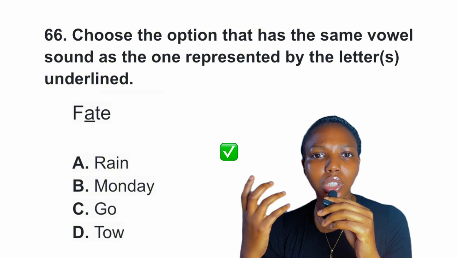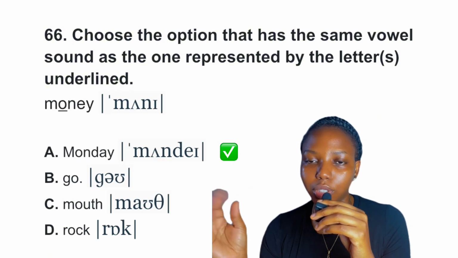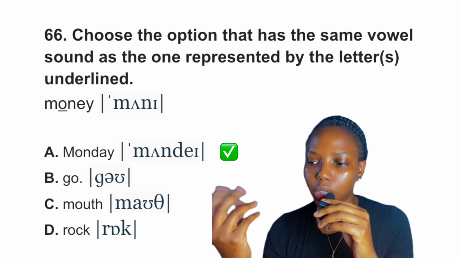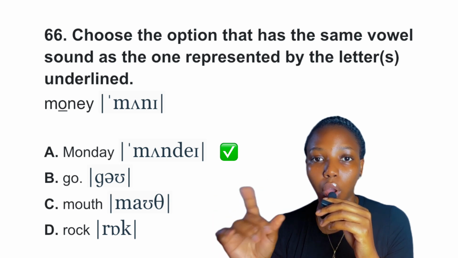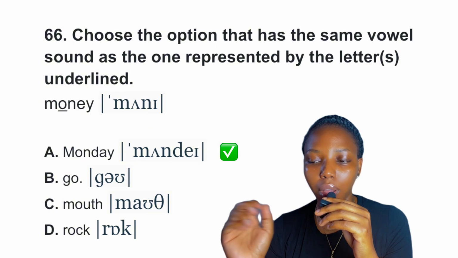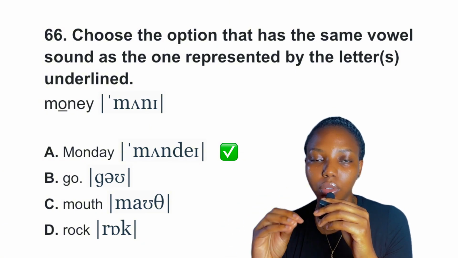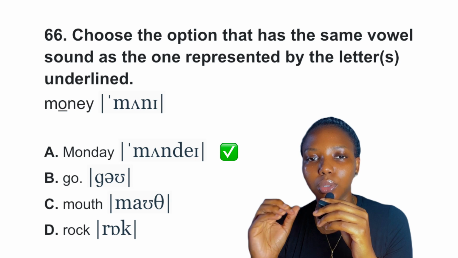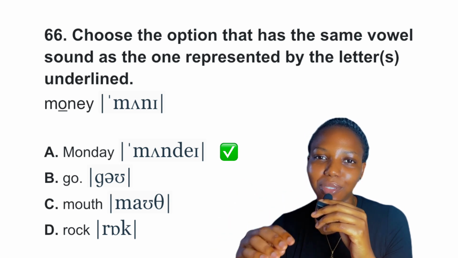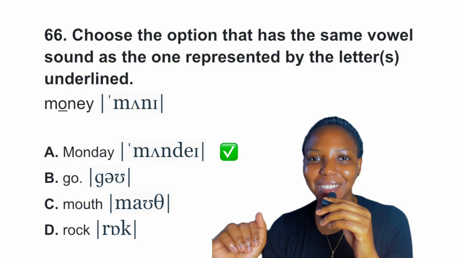Do you understand? So you need to apply critical thinking to some questions. So the answer to this question is option A. Option B, go, it has a diphthong O. Option C, mouth, it has a diphthong ow. Option D, rock, it has a short vowel sound o. So the answer to this question is definitely option A, Monday.